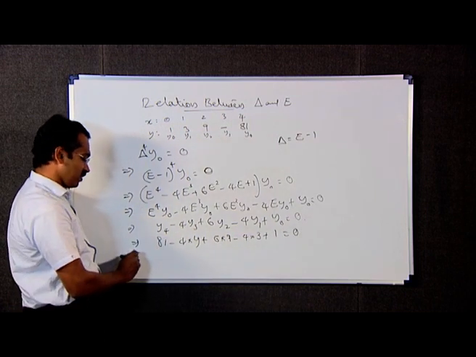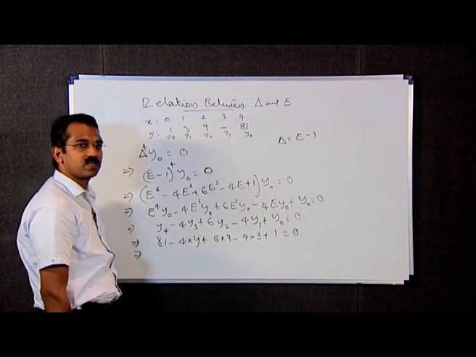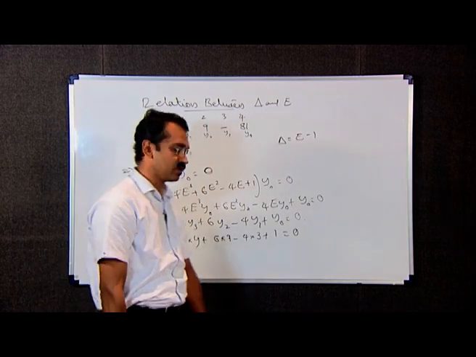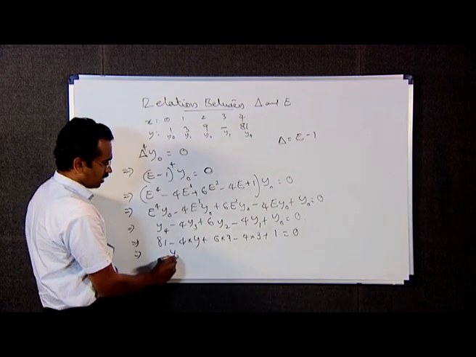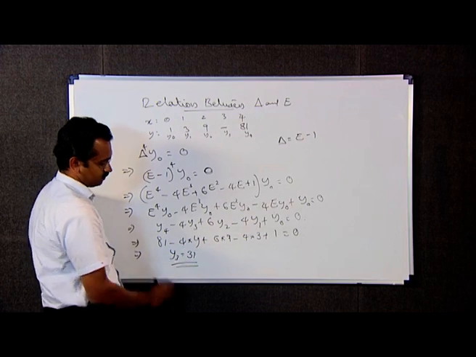On simplification, we will get y3 is equal to 31.